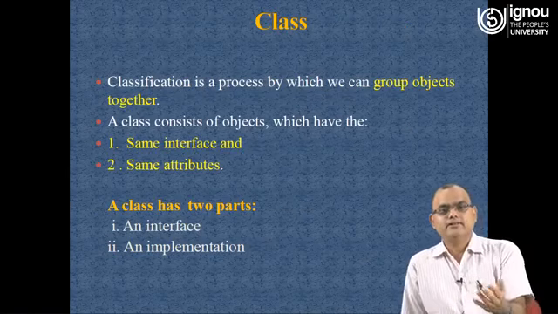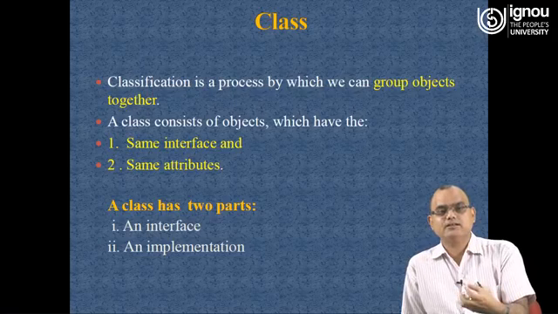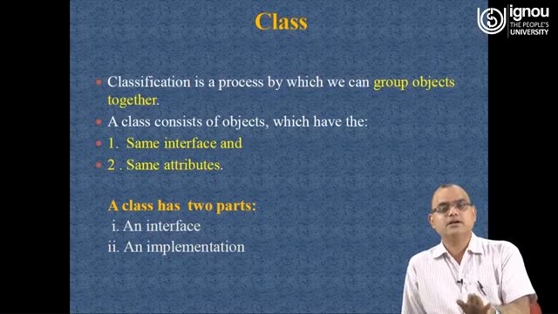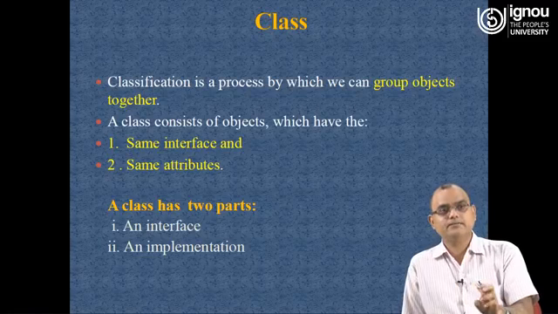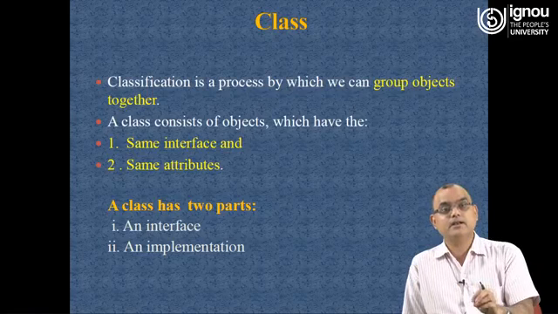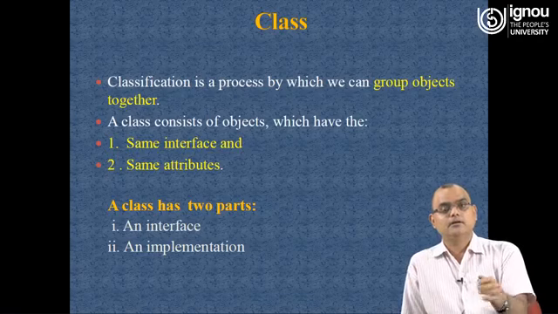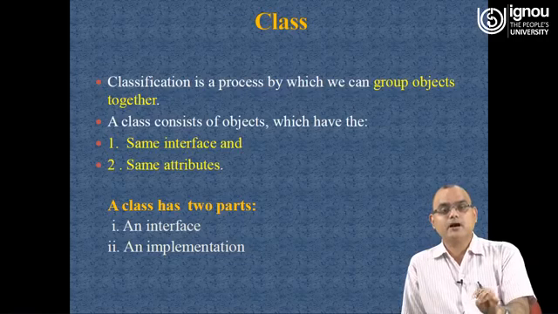The next step is that once we visualize the objects, different objects having common attributes and common services are grouped together, and that group is termed a class. If we have a class, it should be very clear to us that we can make instances of that class as per our requirement, and those different instances are nothing but different objects of that class type.